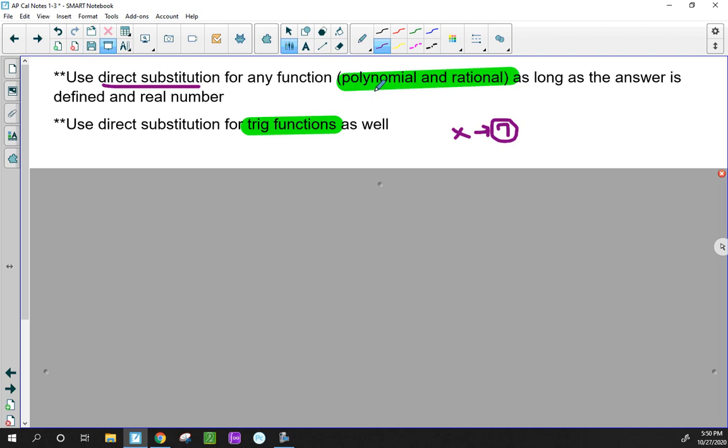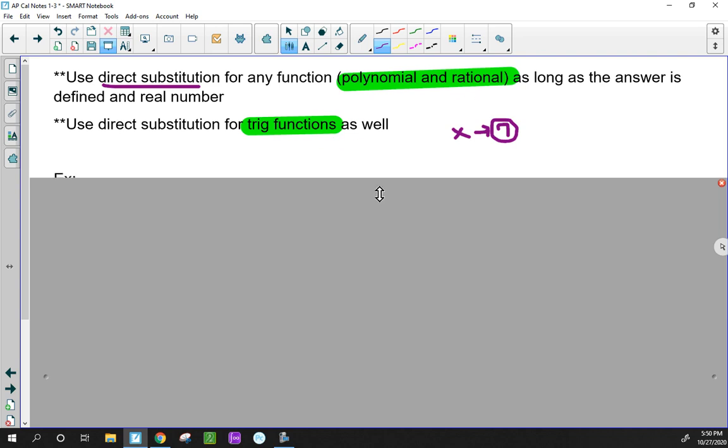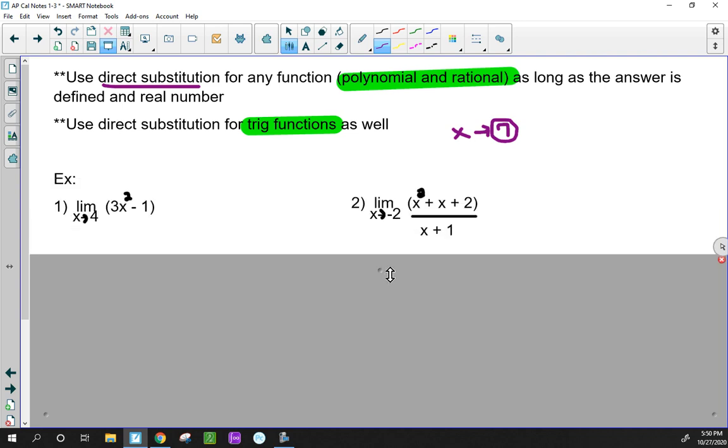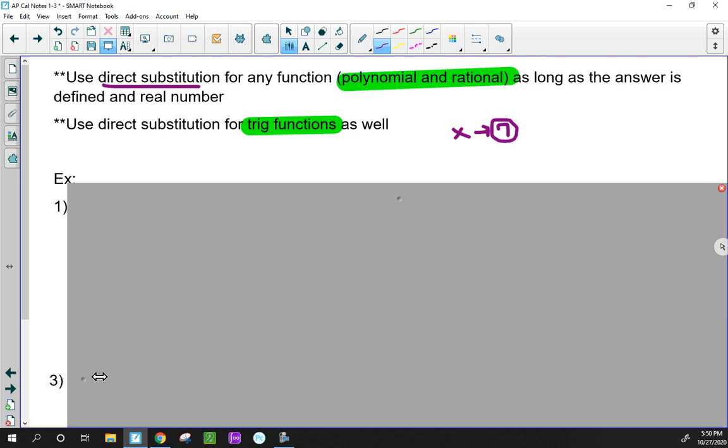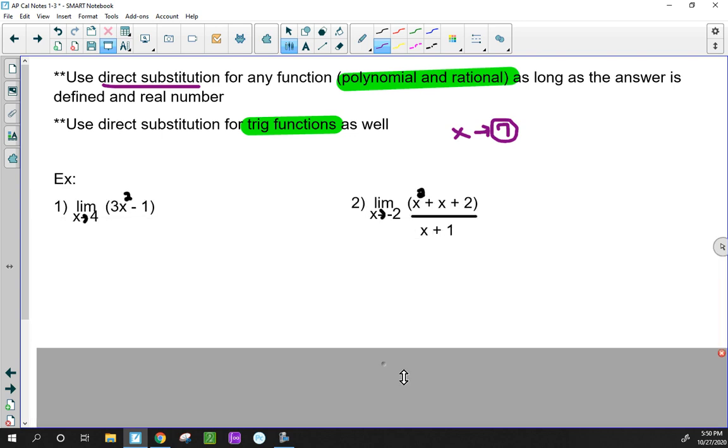But notice the highlighted part. Direct substitution works really well with polynomials and rational and trig functions. Sometimes direct substitution doesn't work nicely up front, and so then you have to learn other techniques using algebra to figure out how to get it so that substitution does work. Alright, so let's start with number 1.